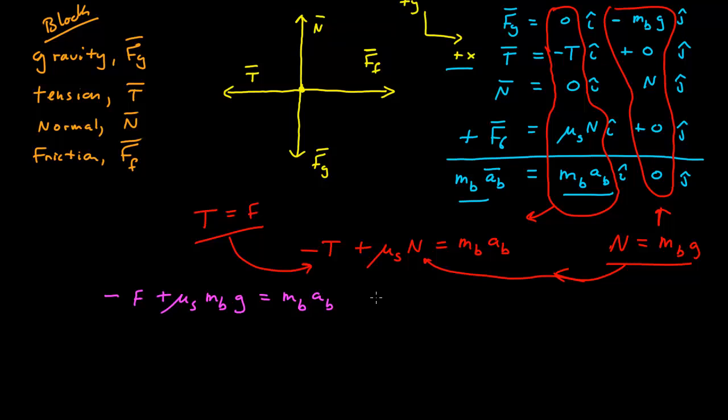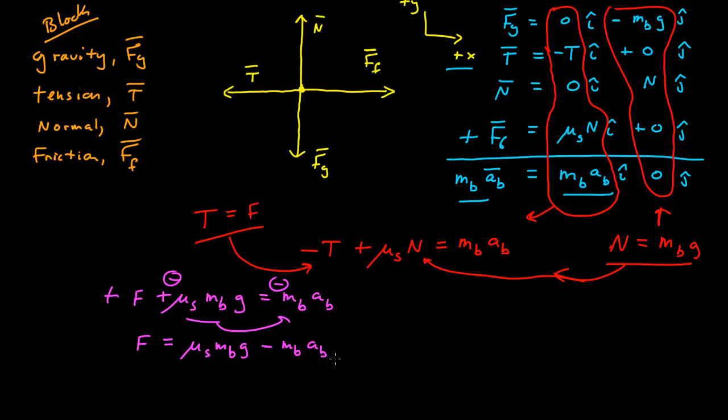And I might rearrange this a little bit and show that my force is equal to, if this goes positive, this becomes negative, and this becomes negative. So then when I bring this on the other side, it becomes positive. Force is equal to then mu sub s m sub b g minus m sub b a sub b.